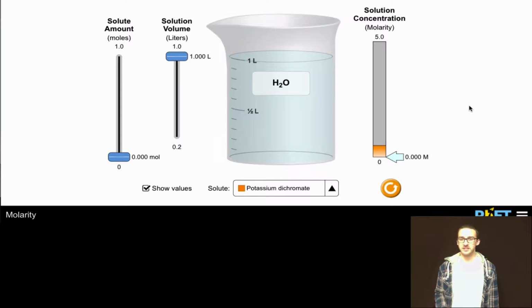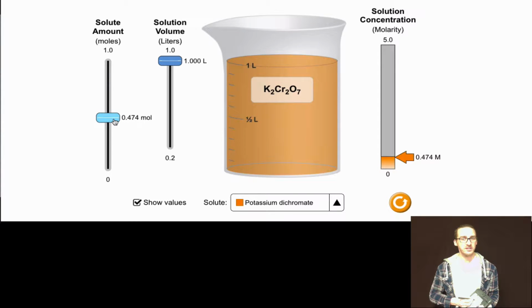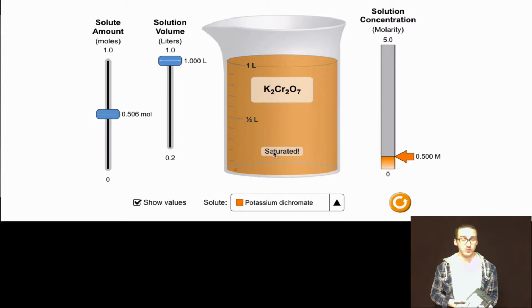Take a look at this thriller of an animation from my good friends over at PhET. Got a 1 liter beaker of pure water, my solvent, and my solute that I'm going to add to it, potassium dichromate. As I add my solute to the water, making a solution of potassium dichromate, notice that the solution gets more and more concentrated until I hit a point at which the solution can hold no more solute.